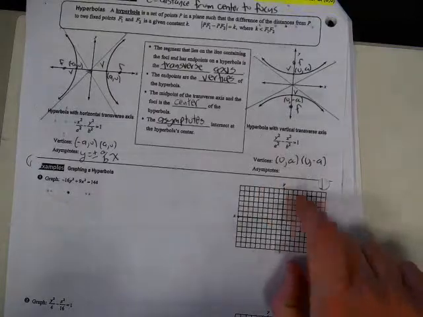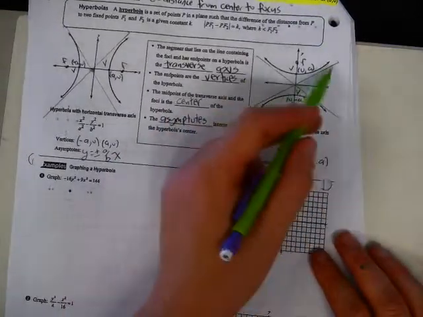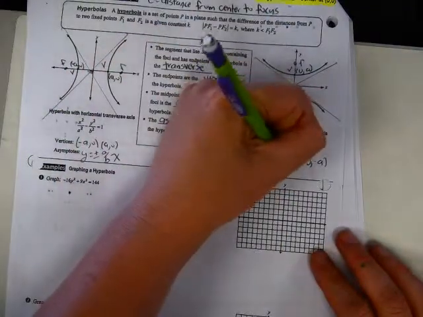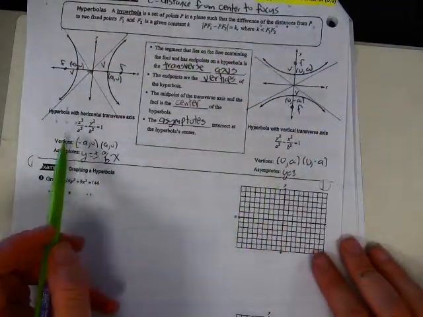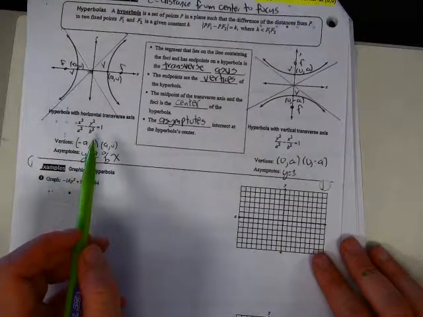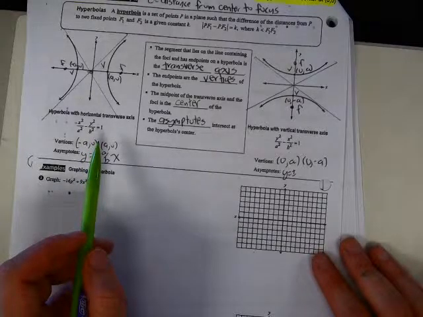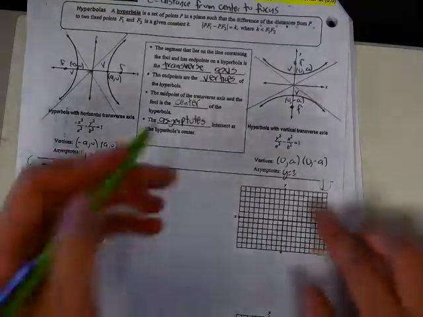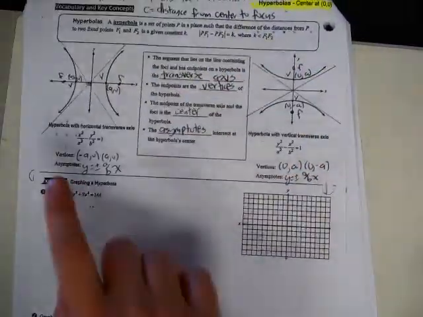And the equation for my asymptotes is going to be y equals plus or minus, but now instead of a over b x, this is a mistake.